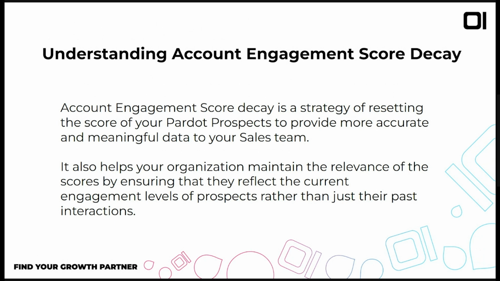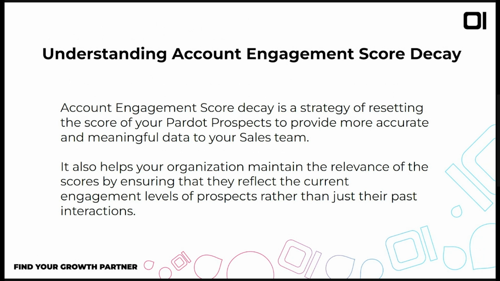Account engagement score decay is a strategy of resetting the score of your Pardot prospects to provide more accurate and meaningful data to your sales team. Basically, you would want your sales team to see which prospects are more meaningful to contact or to offer your services.